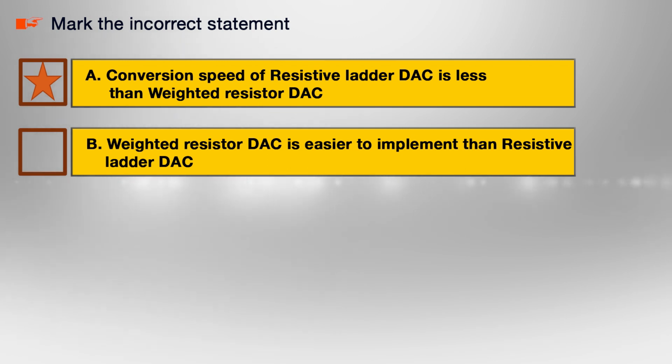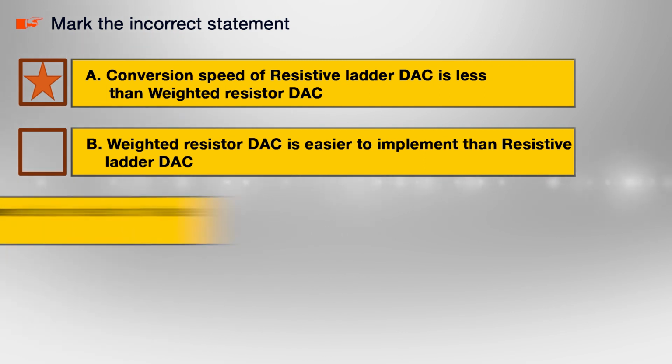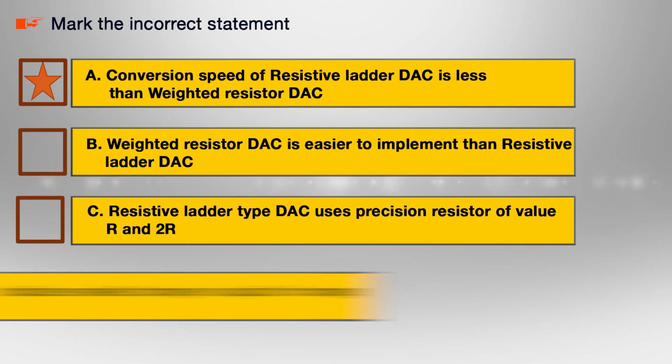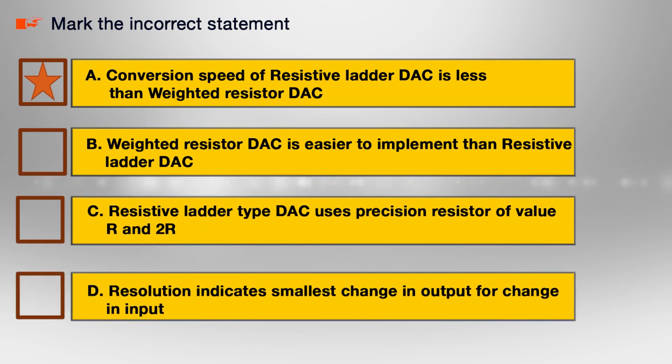So, the second statement is incorrect. Let us see C and D options also. Option C says resistive ladder type DAC uses precision resistors of value R and 2R, which is correct, and option D says resolution indicates smallest change in output for change in input, which is also a correct statement.